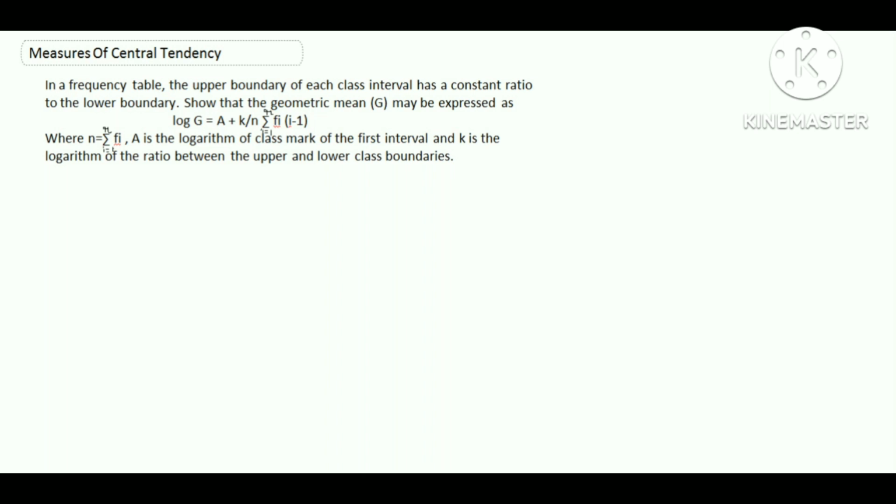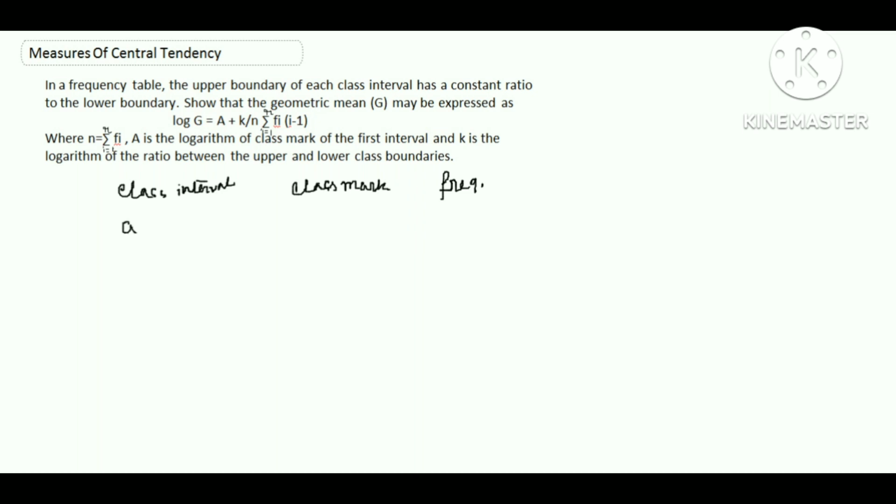So we will start this problem with the frequency table, where the first column is class interval, the second column is class mark, and the third column is frequency.